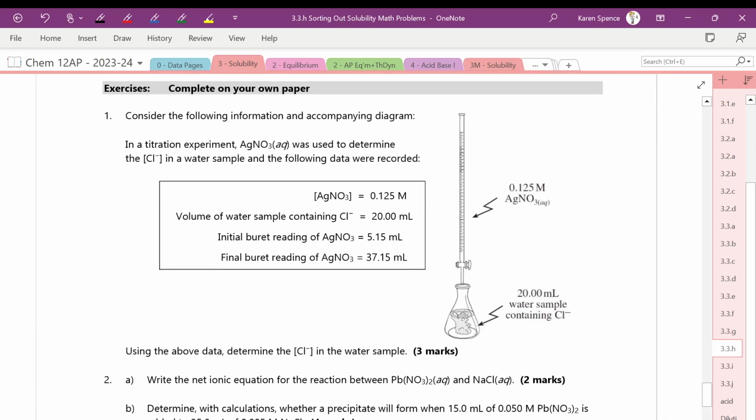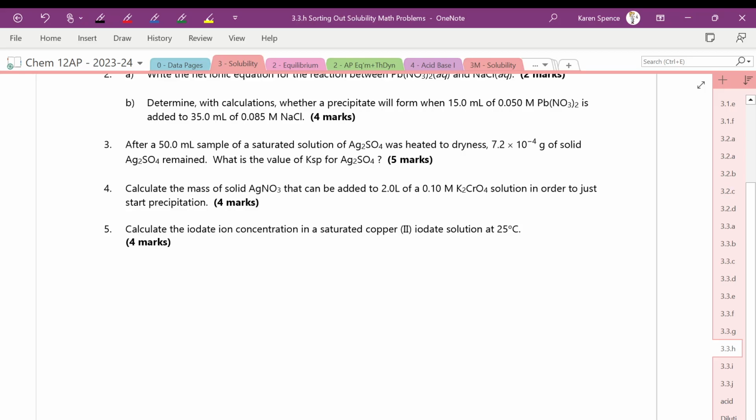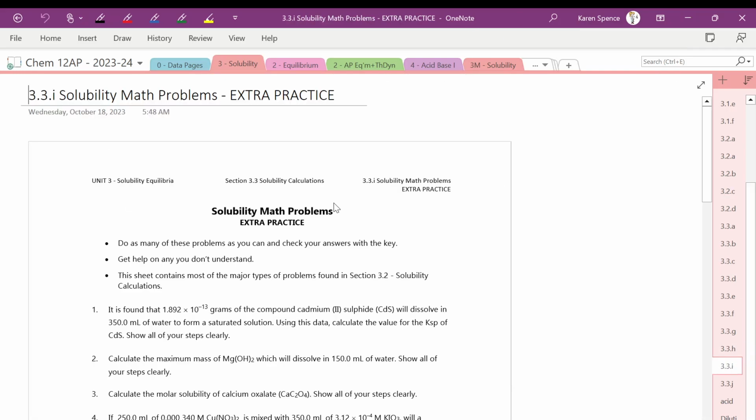So why don't you try 1, 2, 3, 4, 5? Okay, 1, 2, 3, 4, 5. There's one of each kind. If you find you're good on those, you're probably ready for the quiz on Wednesday. And if you try those and you're good to go, then you don't have to do, oh look, 3.3i.